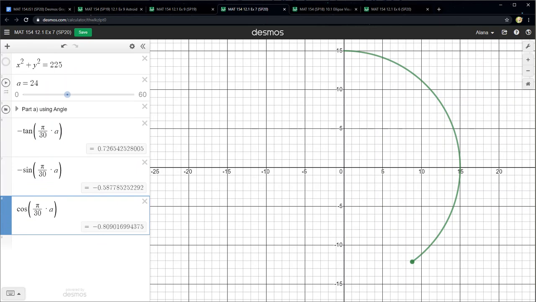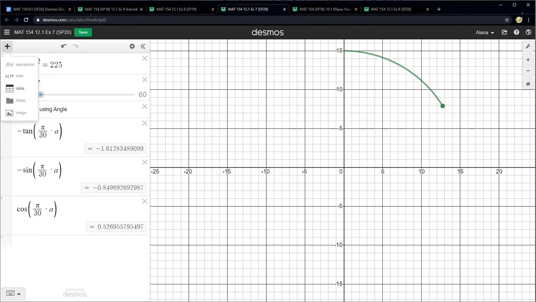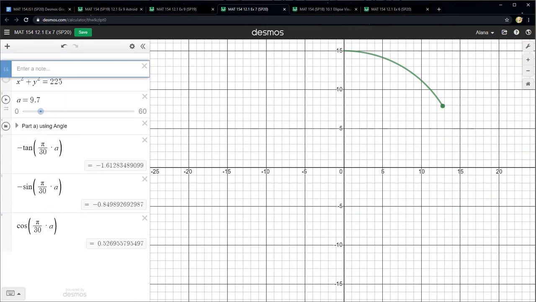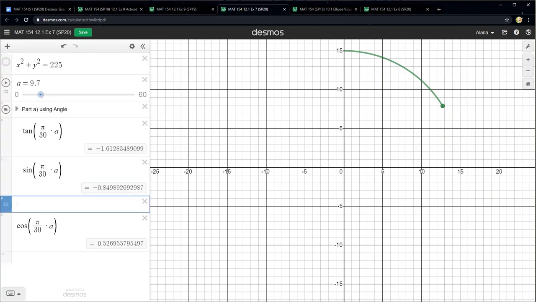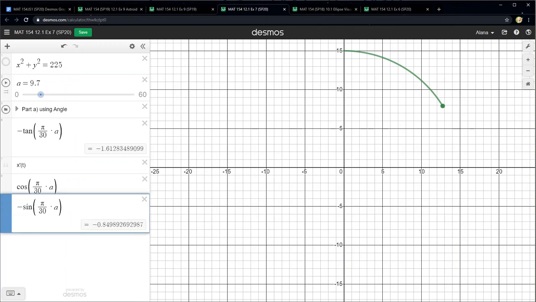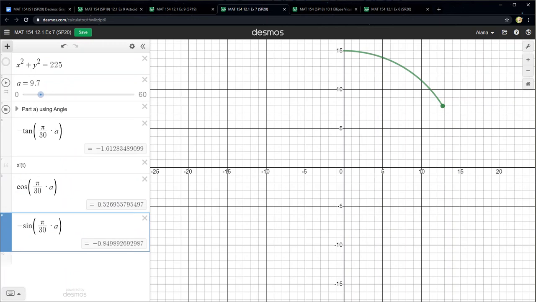They're both negative down here, as opposed to the first quadrant. Look at the first quadrant. When I'm up here, my x prime of t is positive, y prime of t is negative.